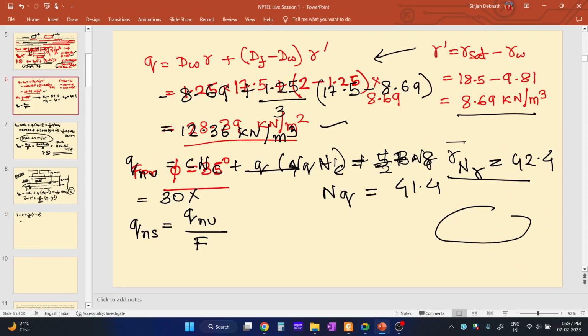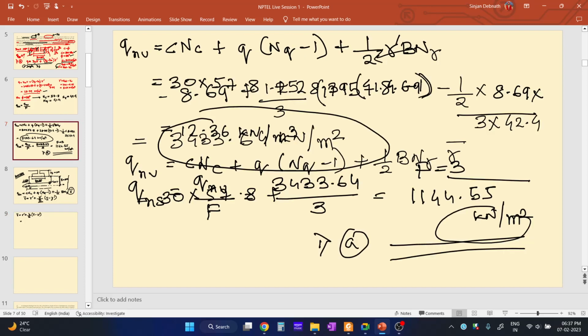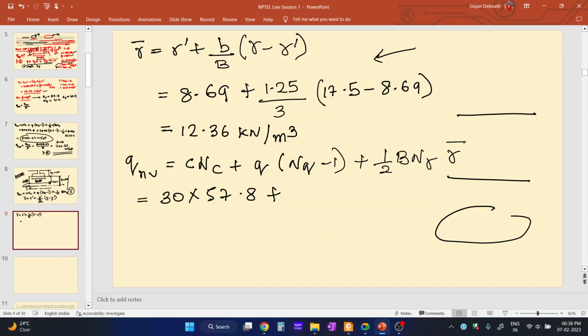Nc is 57.8. The q that we calculated is 28.39. And the value of Nq is 41.4.